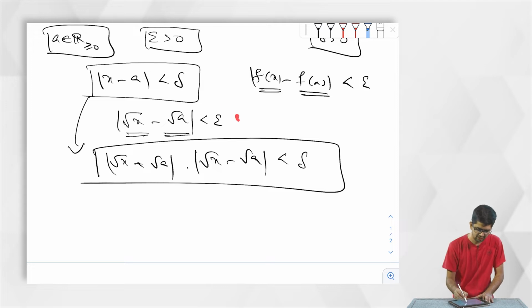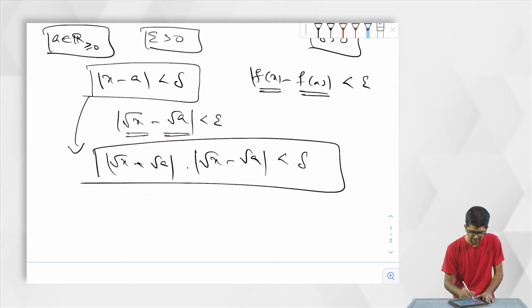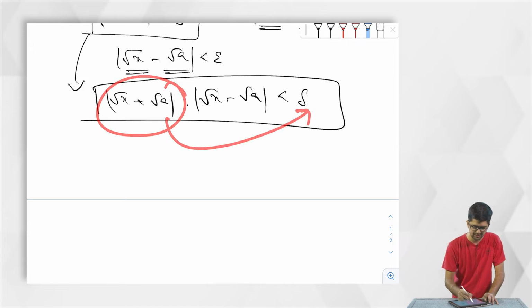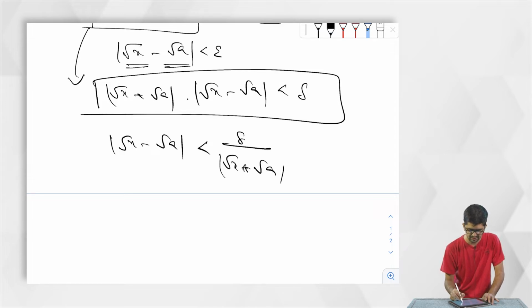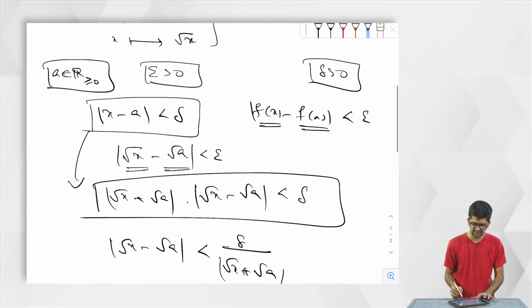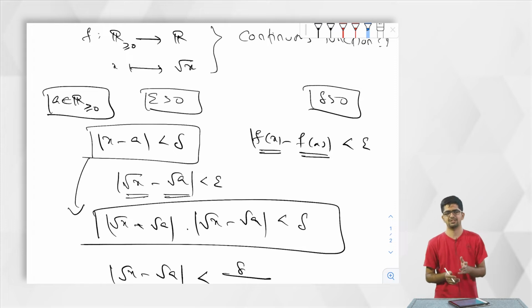Observe some similarity between these two conditions. There is a common part in these two inequalities: root x minus root a is common in both cases. So let us remove this and send it to the other side. What do we get? Mod root x minus root a is less than delta by root x plus root a. Whatever elements x we take, this is positive, since by definition the root of an element is already positive.